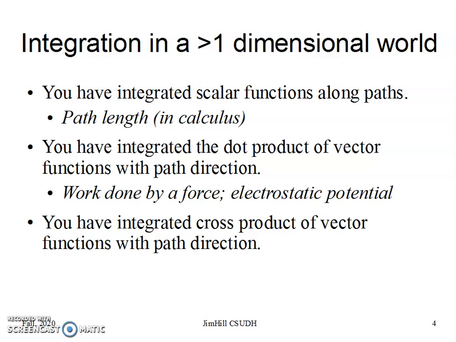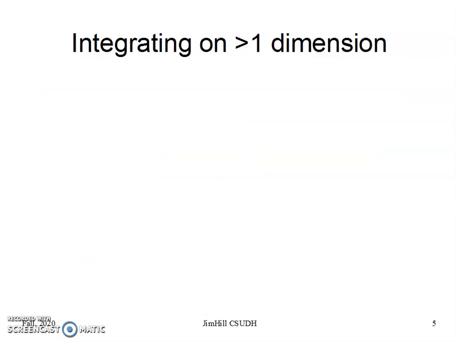You've integrated the cross product of vector functions with path direction, again in 2nd semester. The Biot-Savart law had that within it, and you should have seen examples of Biot-Savart law, and if not, I have one done out very explicitly for you, not in this file, but I'll show you where. You should have done integration in more than one dimension.